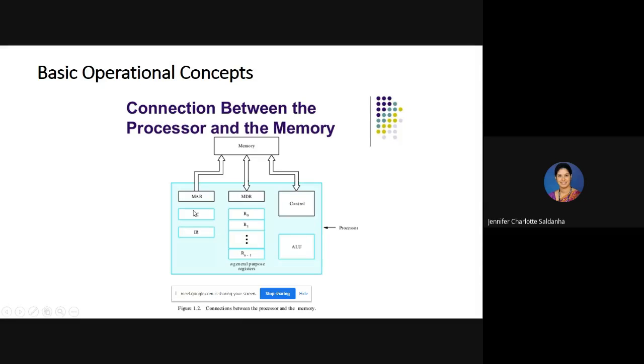So meanwhile, soon after fetching the first instruction, the program counter is updated in between. It will not wait for the previous instruction to complete its execution. Okay, so that is why even before the previous instruction is executed, the program counter would have been incremented and it will have the address of the next instruction in the memory.